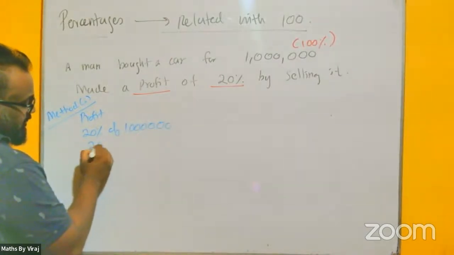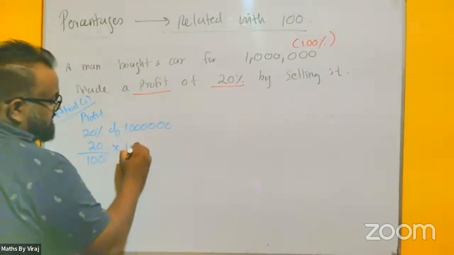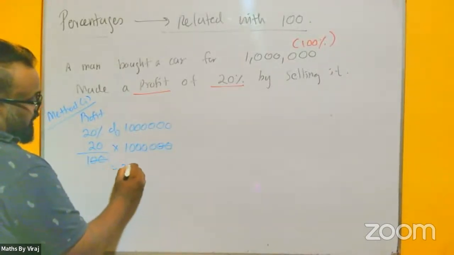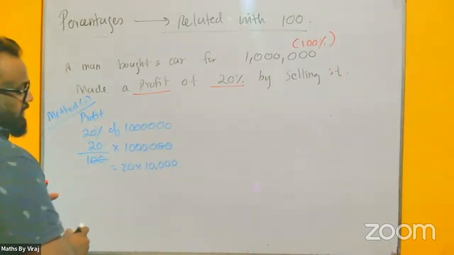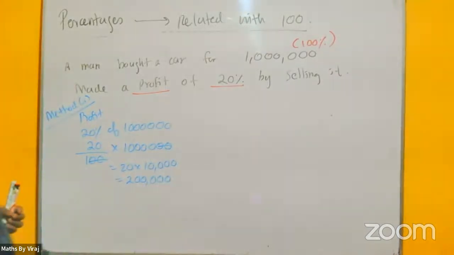We know percentage is converted to a fraction by dividing by 100, times 1 million. So 20 into 10,000, which is basically 200,000. This is my profit.